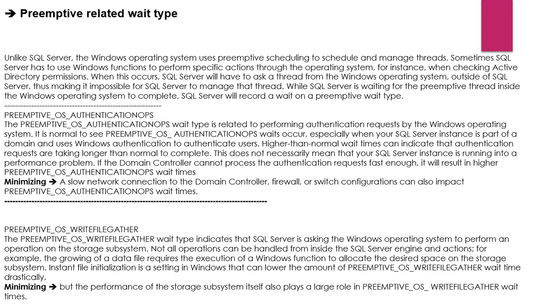Instant file initialization is a setting in Windows that can lower the amount of PREEMPTIVE_OS_WRITEFILEGATHER wait type. How can we minimize this? Performance of the storage subsystem itself also plays a large role.